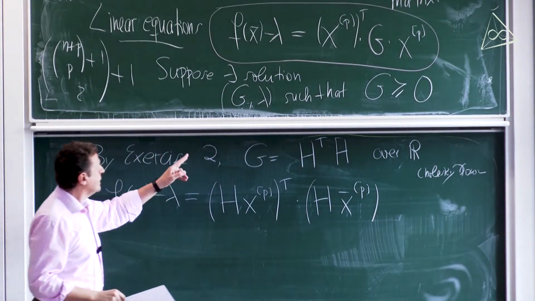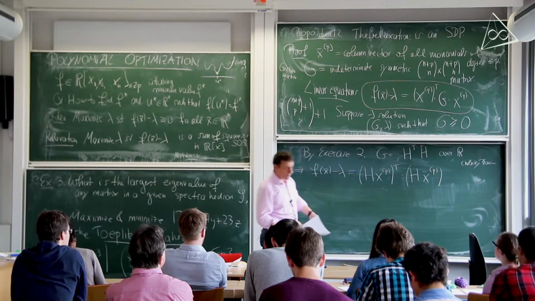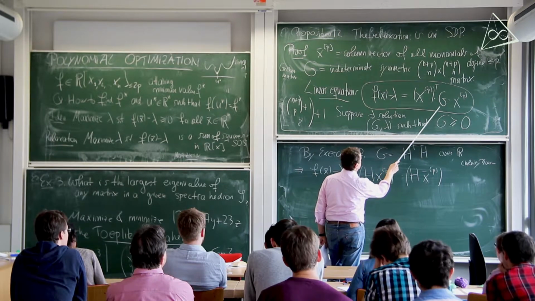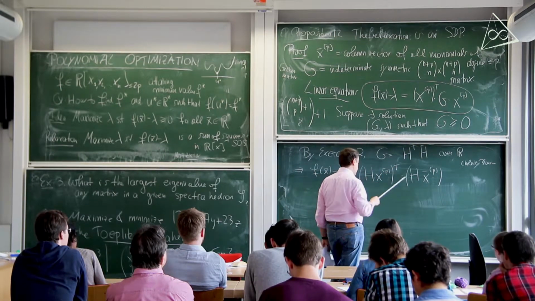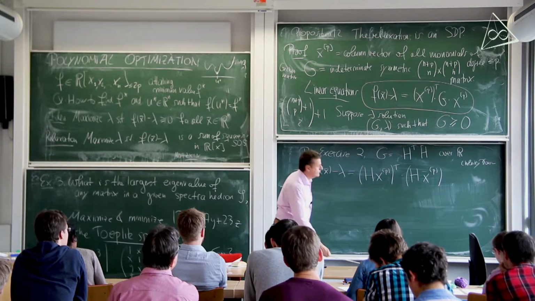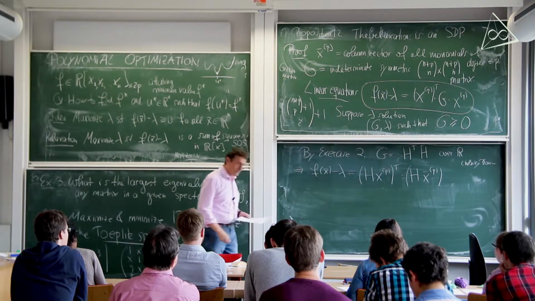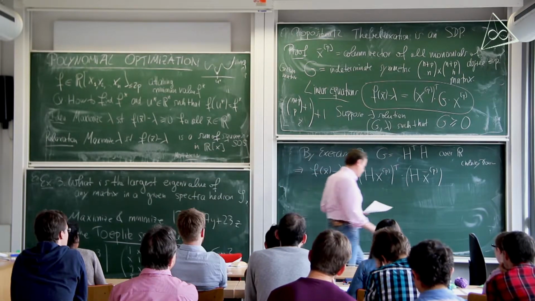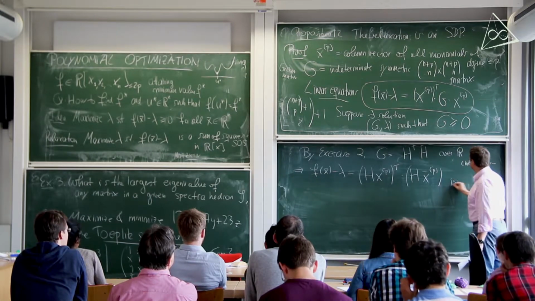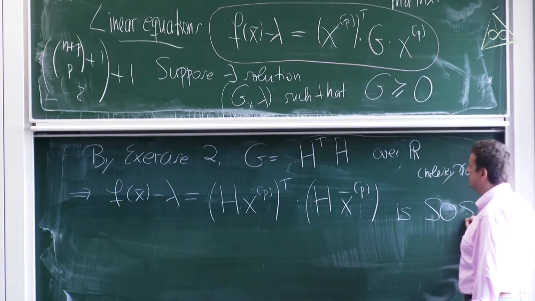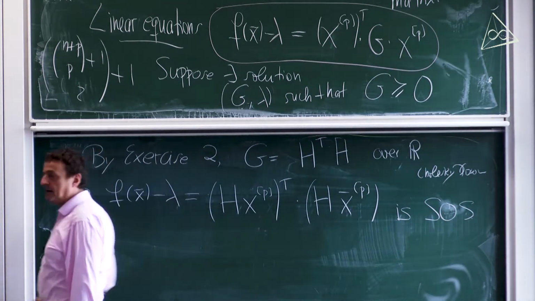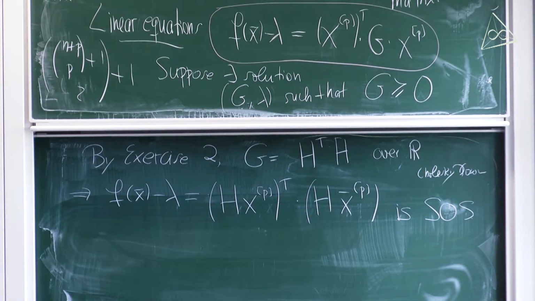You just replace G by H transpose H up here, and now you have X transpose HX, and you can write it like this. Now we're done, because this is a sum of squares. I'm just saying that the left-hand side, I have written it as some vector dotted with itself.